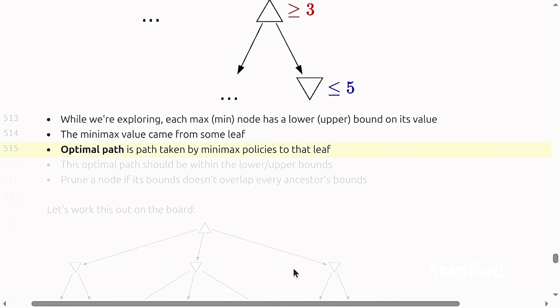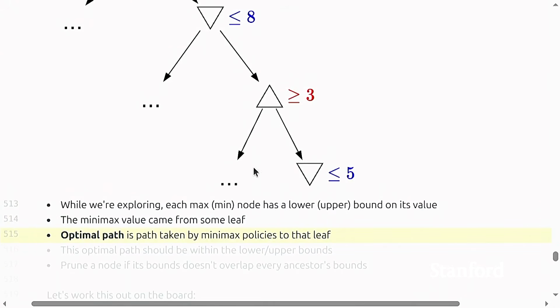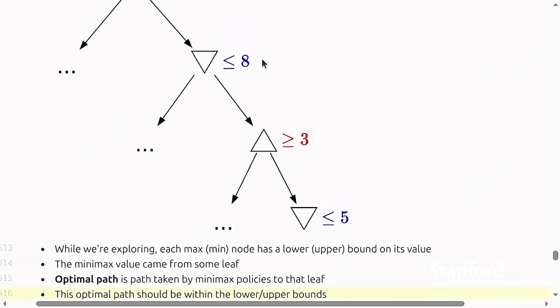The optimal path is the path taken by these min and max policies to that leaf. That is the thing I'm trying to find. Okay? And so this path needs to be within the lower and upper bounds that I have.